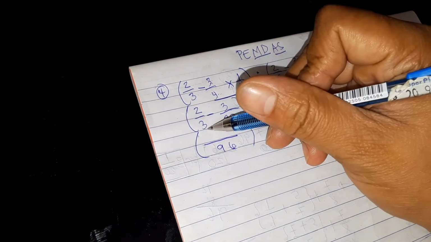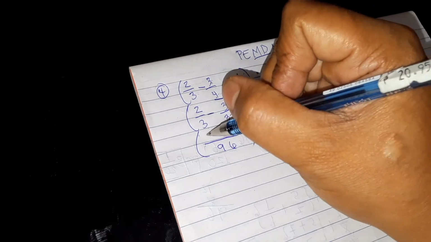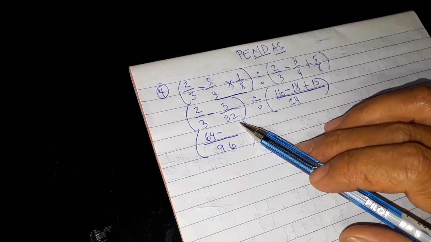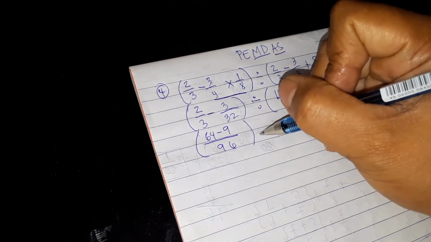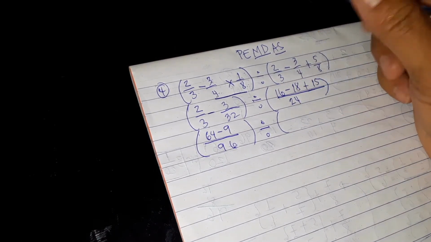So 96 divided by 3, we have 32. 32 times 2, we have 64. Next, 96 divided by 32, we have 3. 3 times 3, we have 9. Divided by 16.